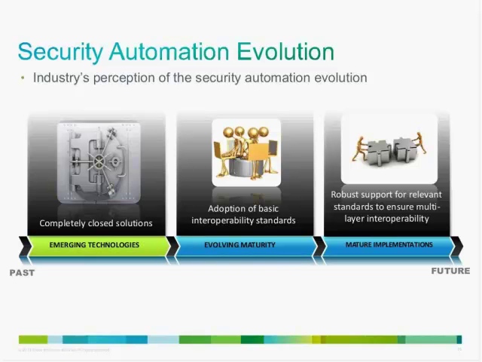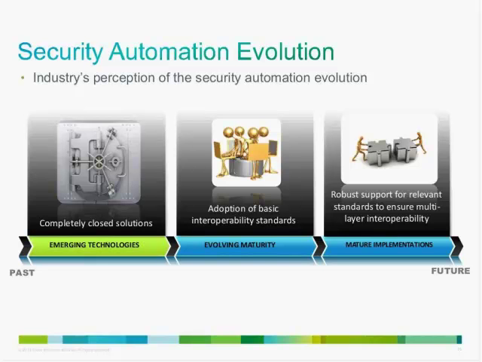Now we're trying to evolve this process and this maturity, adopting different interoperability standards for security automation that hopefully will evolve into mature implementations that will support customers throughout the board, throughout the industry, in a more consistent and effective method.